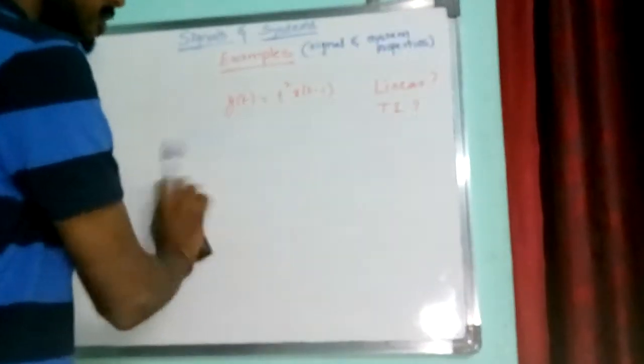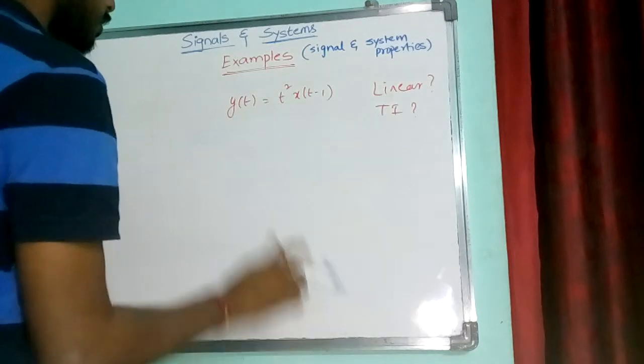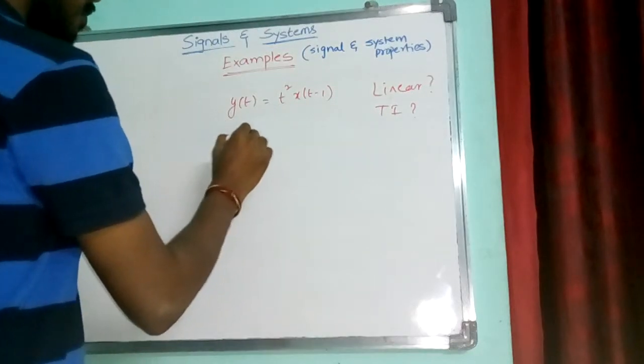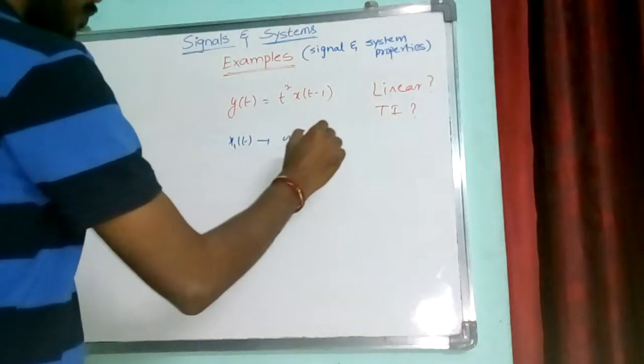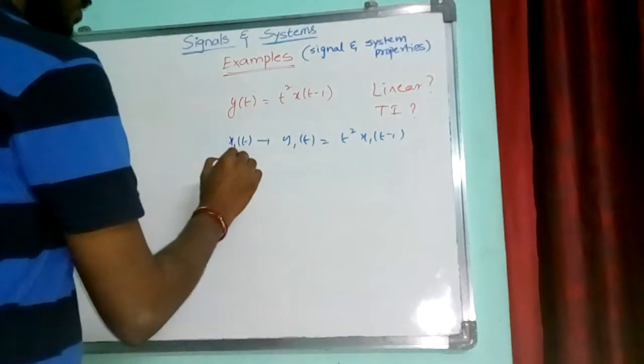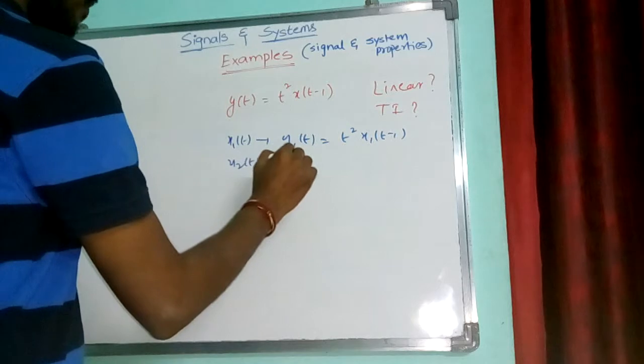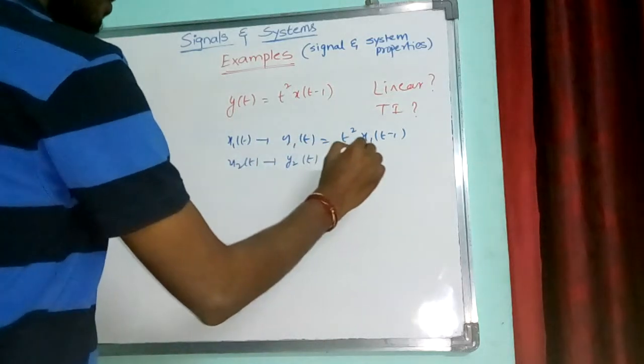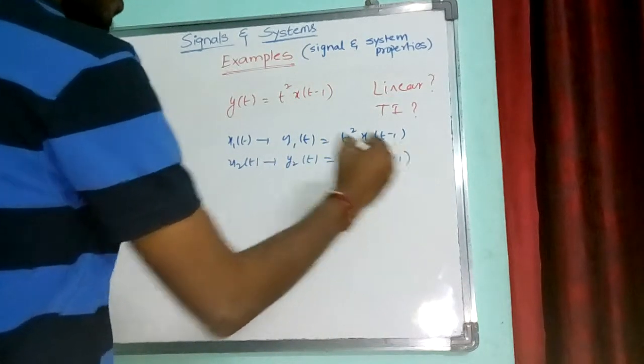I have written the time samples here. So when x1 of t is the input, y1 of t is the output, this is t square x1 of t minus 1. When it is x2 of t, it is y2 of t, then it is t square x2 of t minus 1.